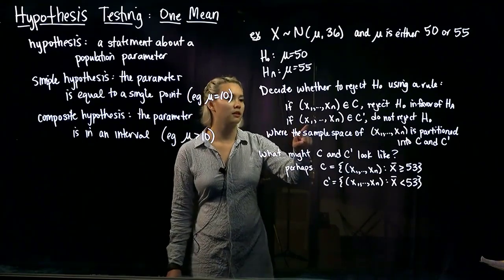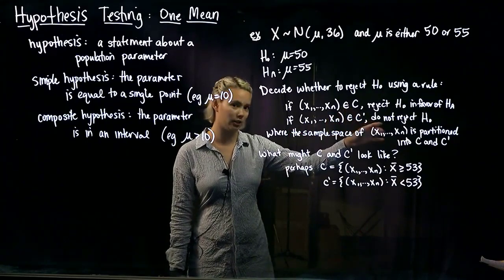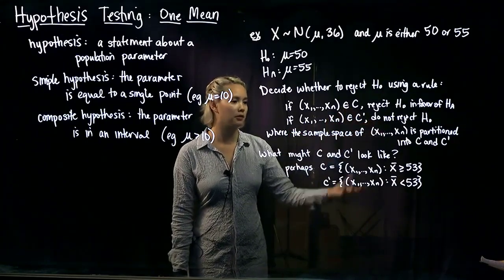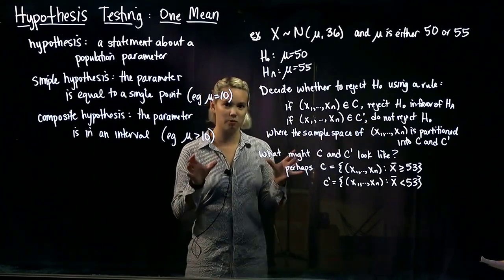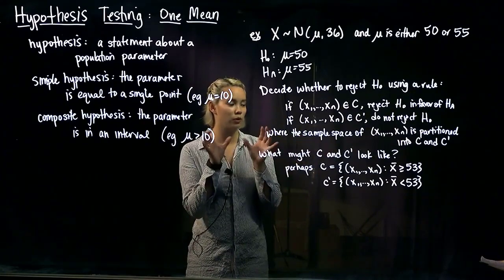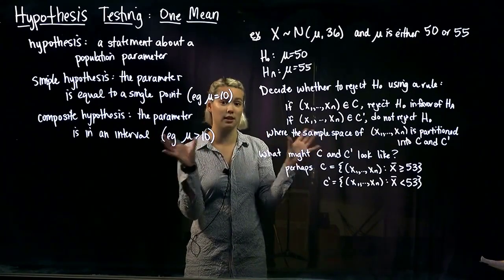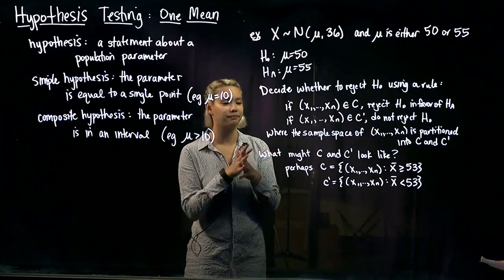And if the set x1 through xn is in C prime, then we will not reject the null hypothesis. So what we've done is we've taken our sample space for x1 through xn and partitioned it into two pieces, C and C prime. So the union of C and C prime gives us the entire sample space, and these two do not overlap at all.